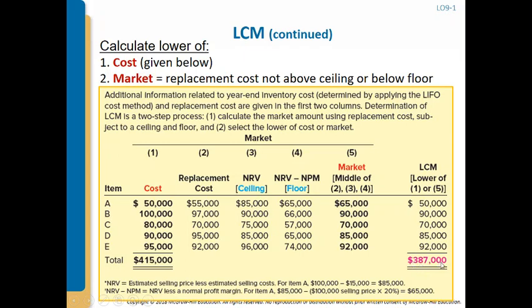You've got 387,000 as your lower of cost or market, whereas the cost was 415,000. So you're going to have a reduction, a write down in inventory of the difference between 415 minus 387, which is $28,000.